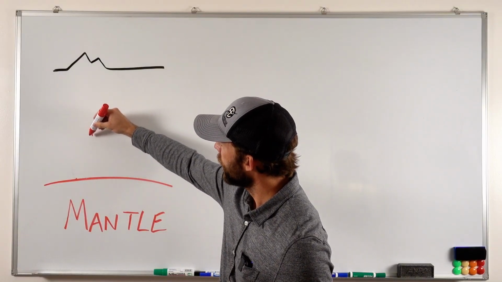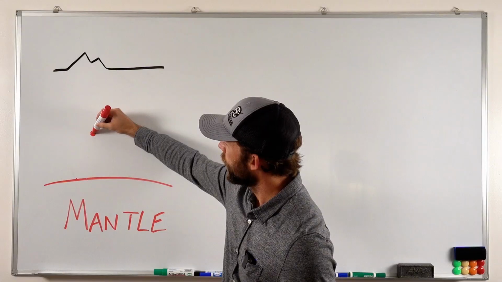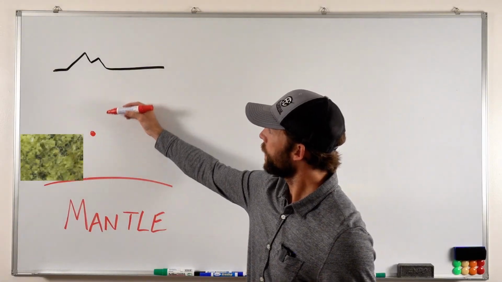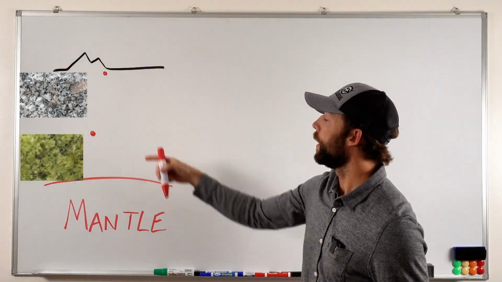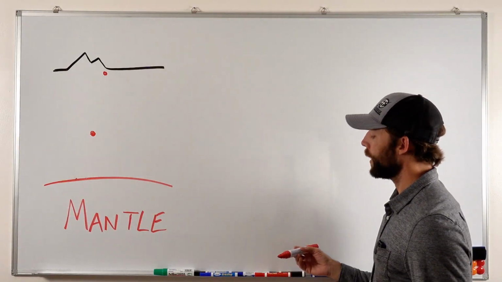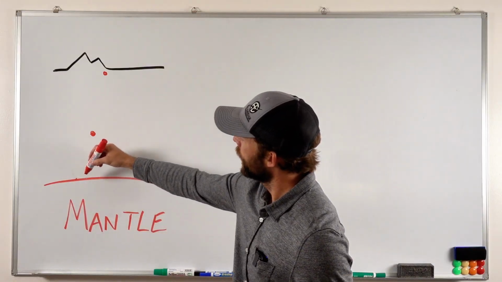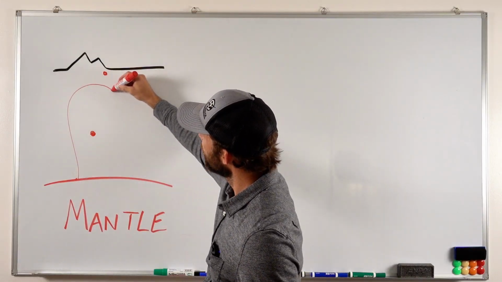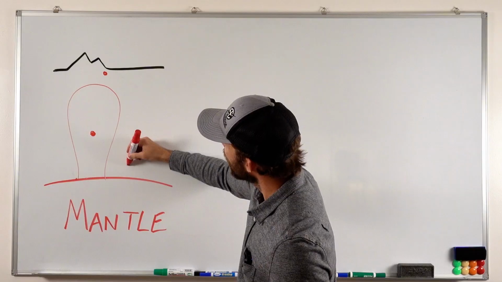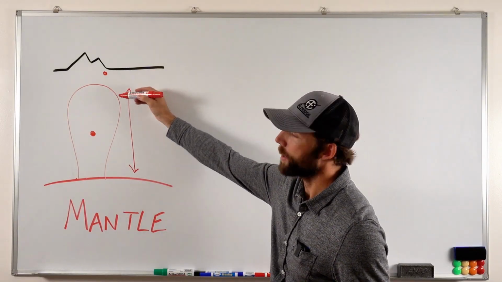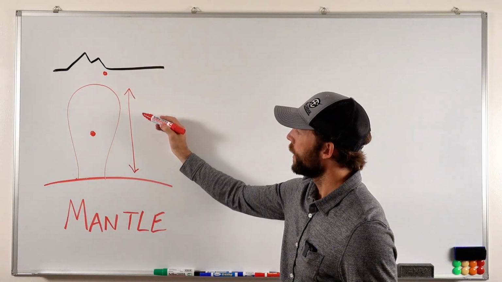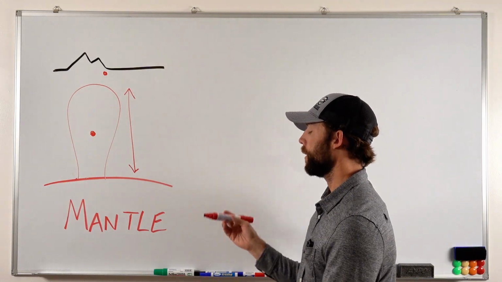So if they stop here and form a rock, that rock's going to be very, very different than a rock that stops here. And one thing that we can think about is, let's draw our mantle plume. And let's think about wherever this stops and hardens and starts to form a rock is going to determine that rock's chemistry.